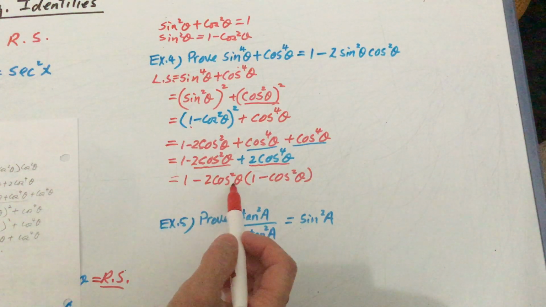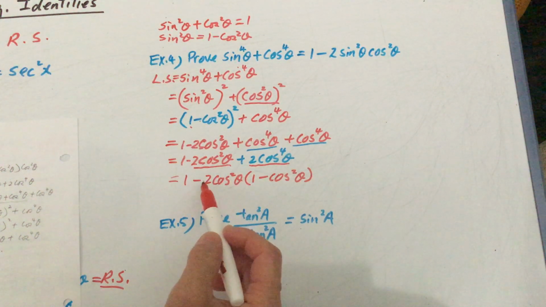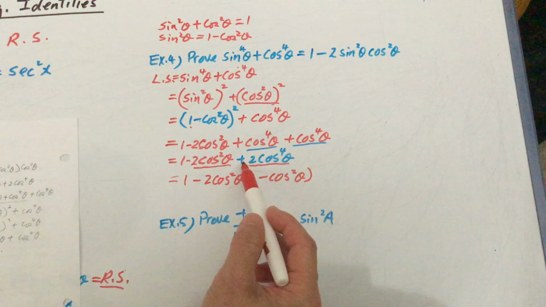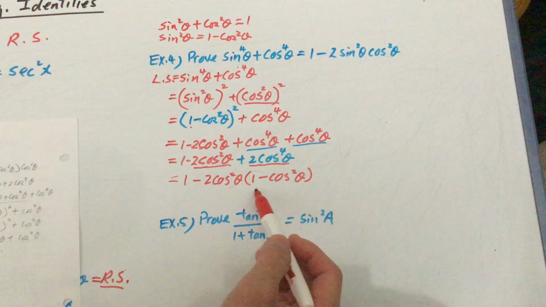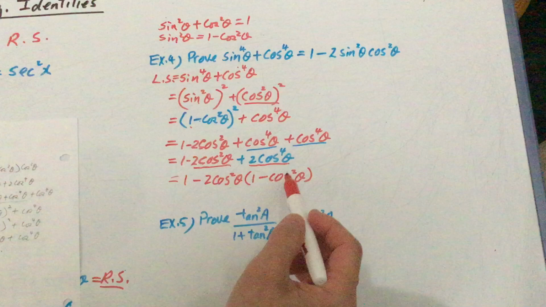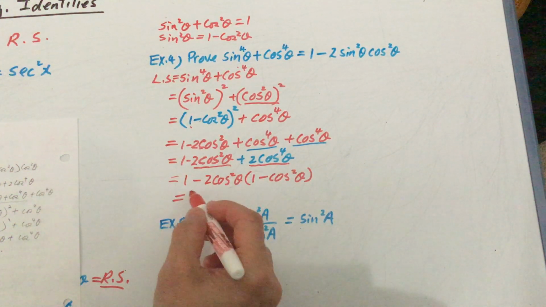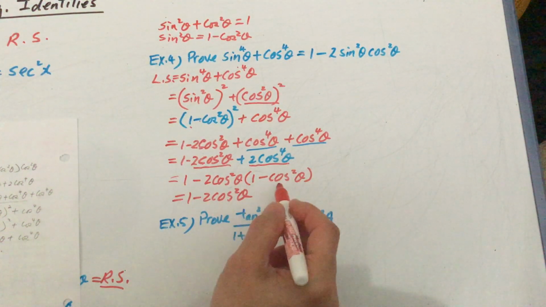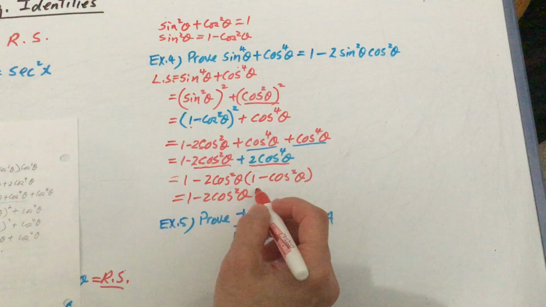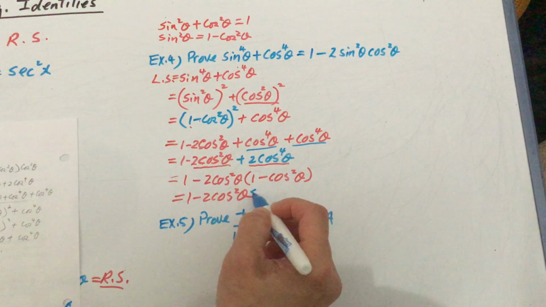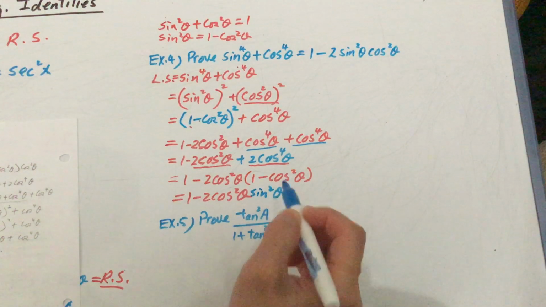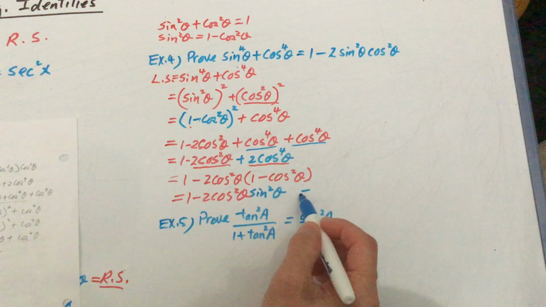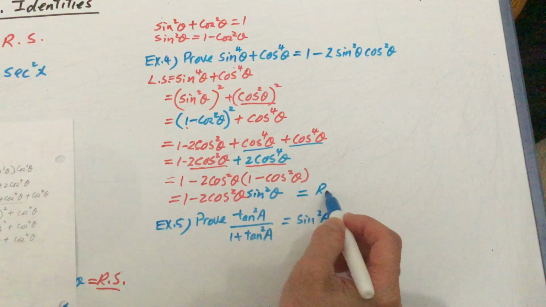Minus 2 cos squared theta times 1 gives you this, and minus 2 cos squared theta times minus cos squared theta, I'm getting a positive 2 cos to the 4th theta. So finally I'm getting 1 minus 2 cos squared theta times 1 minus cos squared theta, and this 1 minus cos squared theta really is the sine squared theta. So now I can see that this is going to be equal to the right hand side.